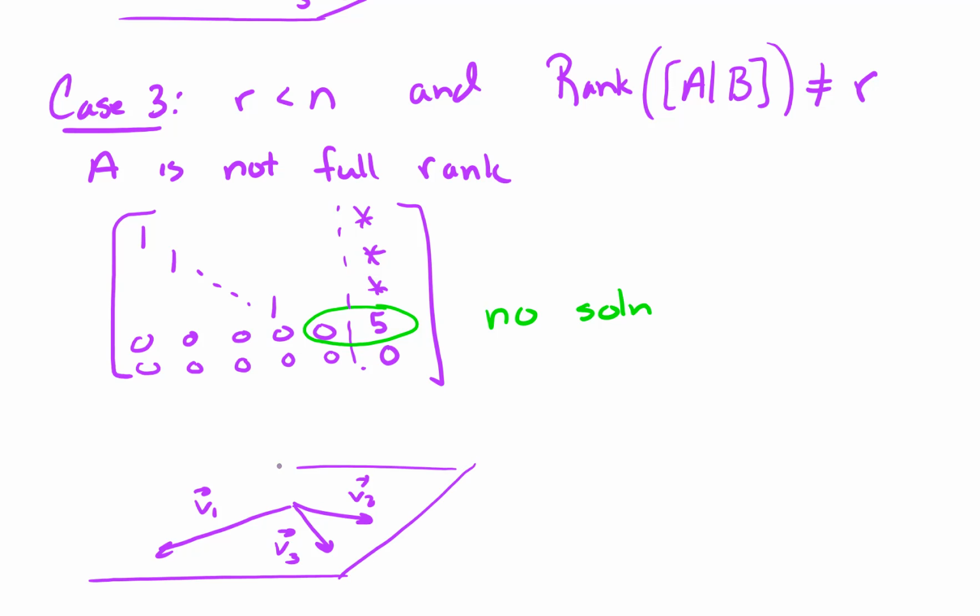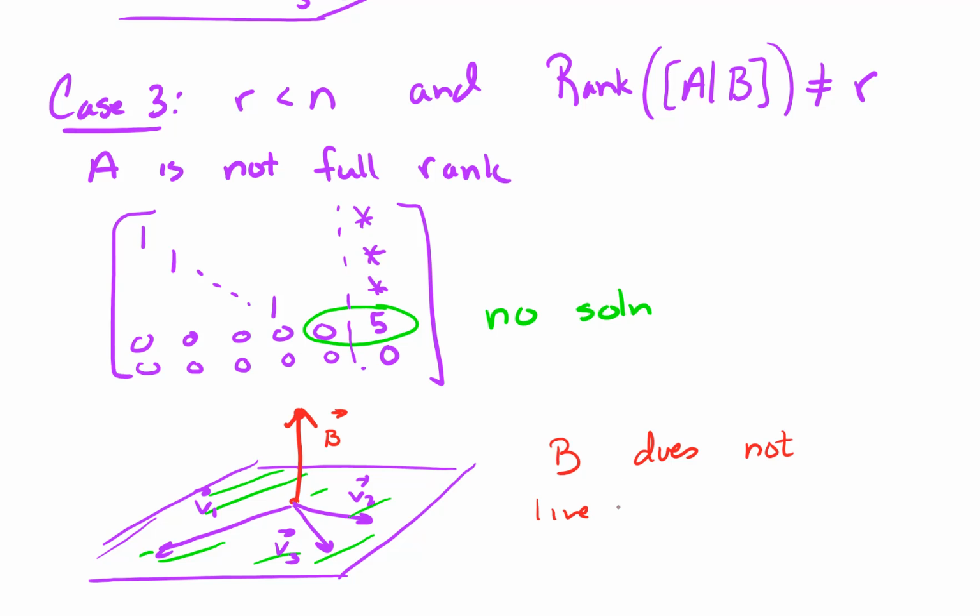And here we come along with a vector B, and B doesn't live in the span of the column vectors of A, and that's why we can't generate it.